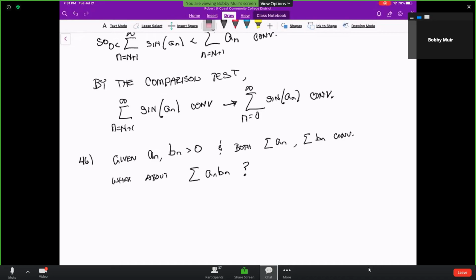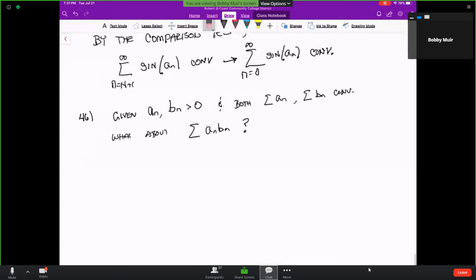All right, so let's see here. What do you think? Remember that since the series of ANs is finite, the ANs go to 0. Same thing for the BNs. The sum of the BNs is finite.